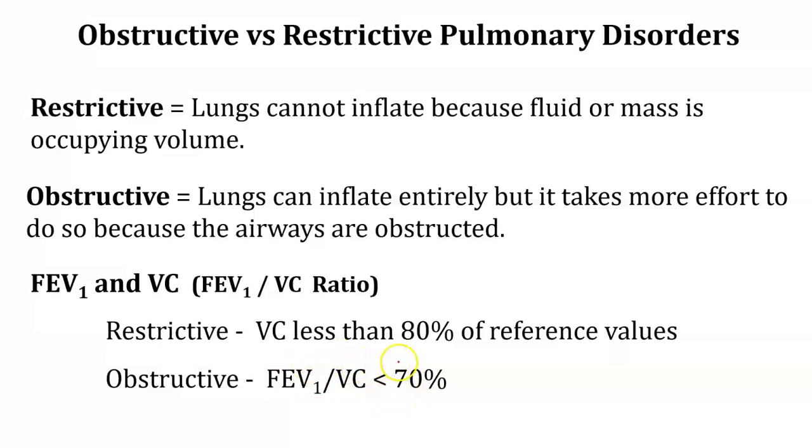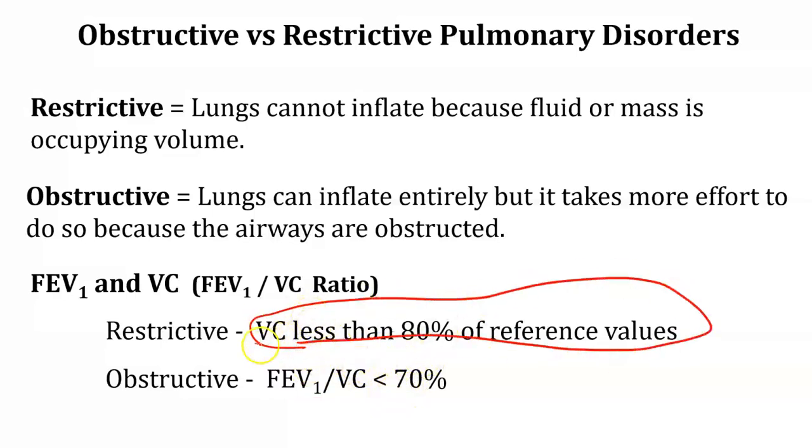So another way that you can assess this, one is just by looking at the reference values for vital capacity, but also if you were looking at this ratio, you would expect this to be higher than 80%. Okay, meaning you're able to get rid of more than you should have actually in a second of the fraction of your vital capacity.